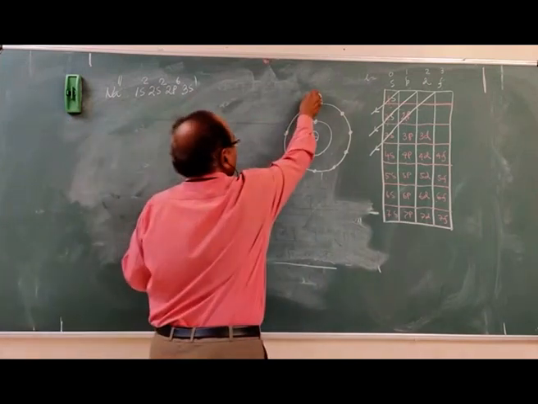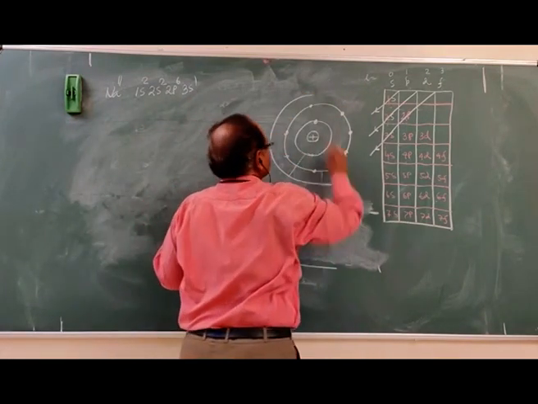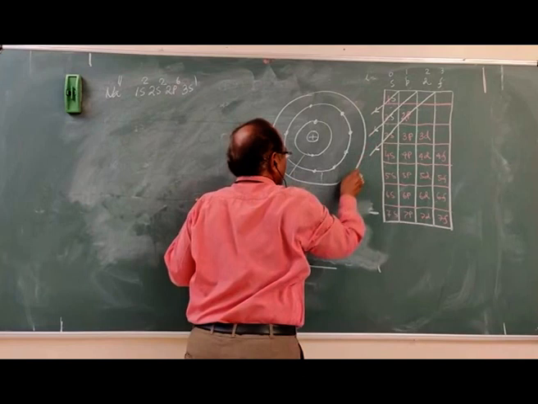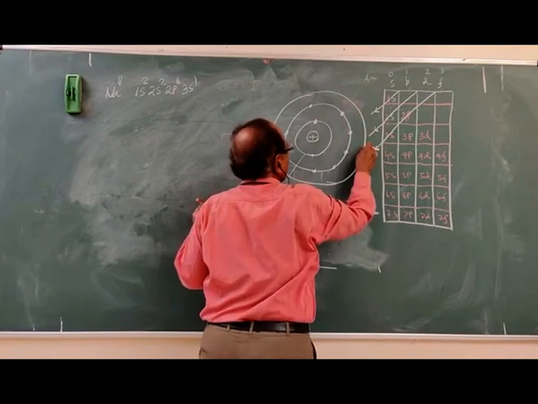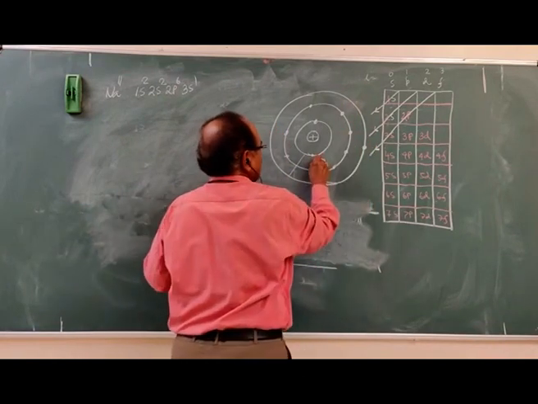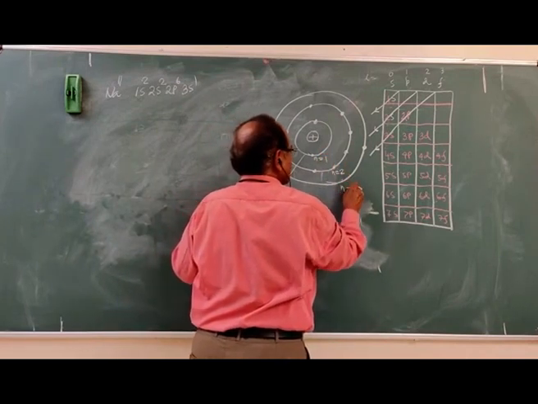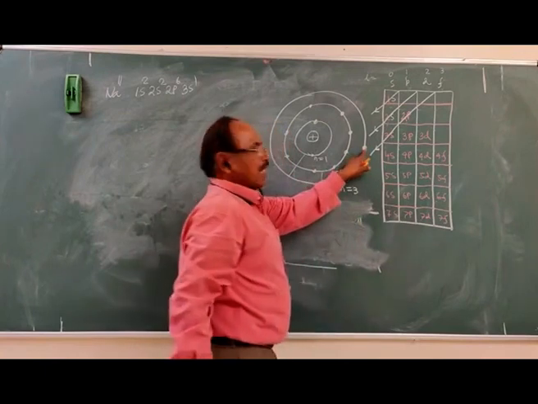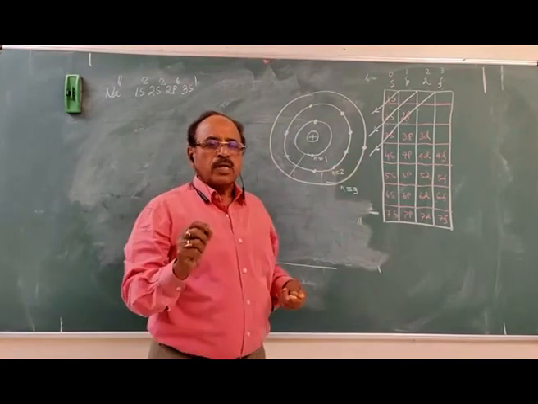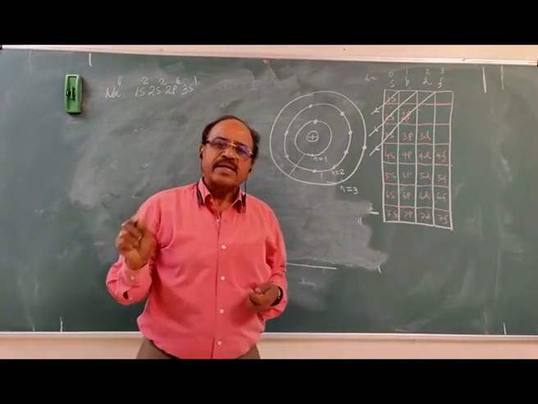So here I am drawing another shell. Now the filling of the third shell begins. This is n equal to 1, this is n equal to 2, and this is n equal to 3. Now one electron has come, so sodium is placed after neon.